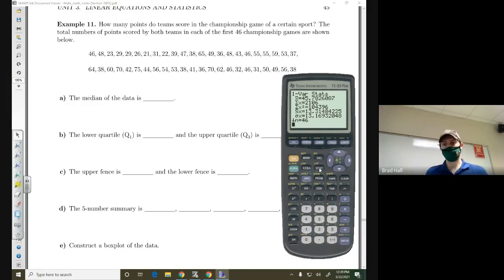Now, we can check each other, see if we all typed this in correctly, or if not, I might have typed it in wrong, so don't think what I have is inherently correct. So did anyone get the mean that I have? So, Chloe, what mean did you get?